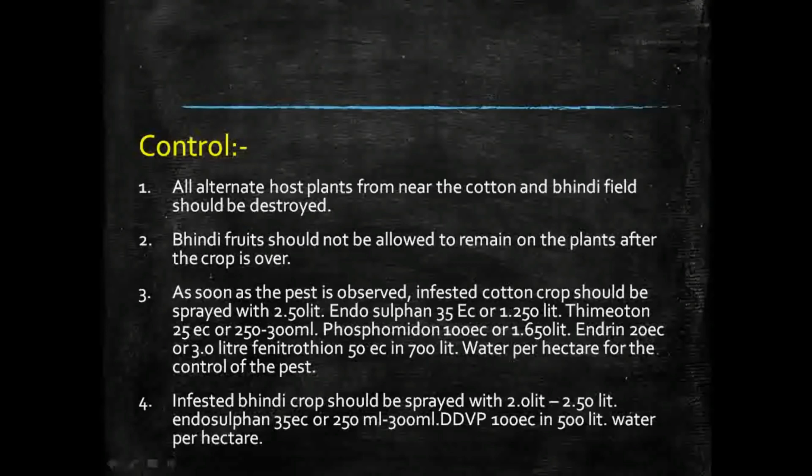So these are some of the chemicals which we can use in this proportion in 700 liters water per hectare for the control of the pest.